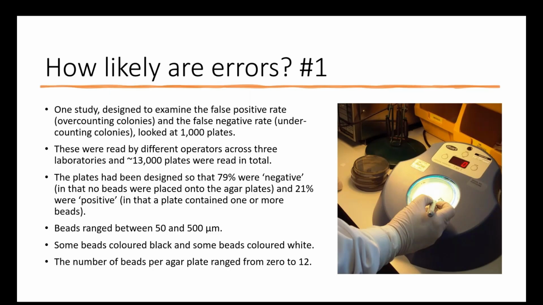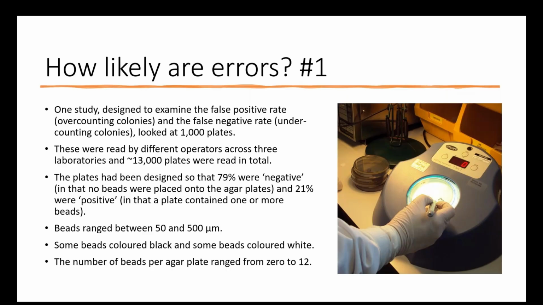So there was one study that was published, and this set out to examine the false positive rate, by which it means the overcounting of colonies, and it also set out to examine the false negative rate, which is the undercounting of colonies.